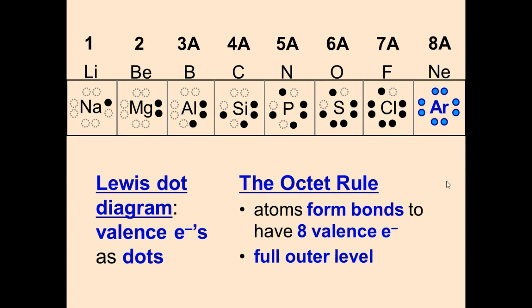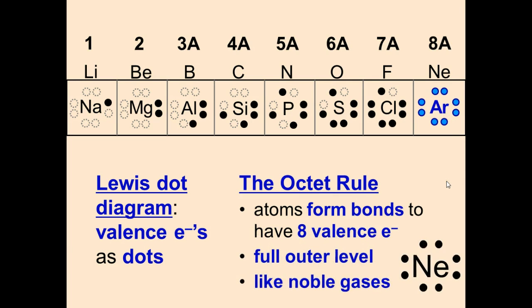And pretty much they like to also fill the outer shell, and this is just like noble gases. So pretty much because these elements don't have 8 except for the noble gases, they want to get to 8. So that is why noble gases don't want to lose any electrons, because they're happy with their 8 valence electrons.